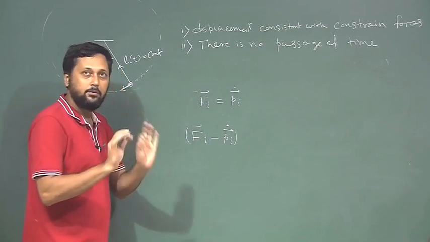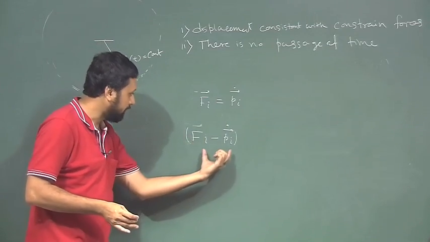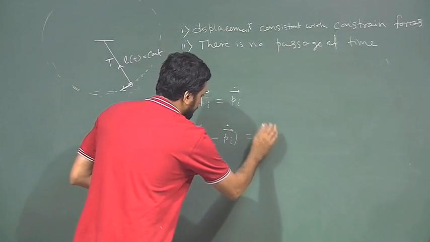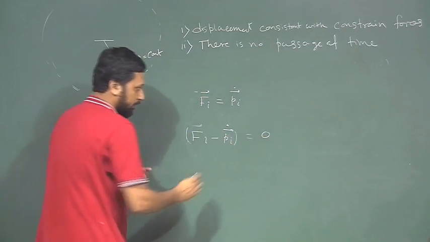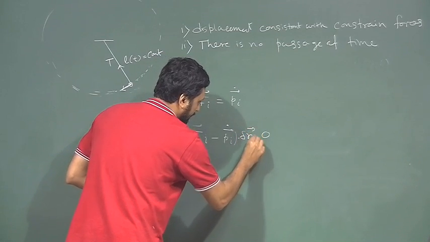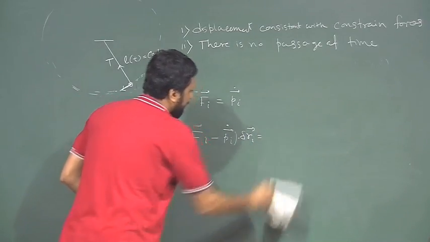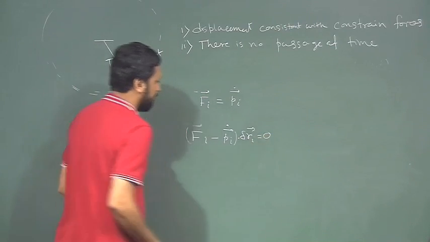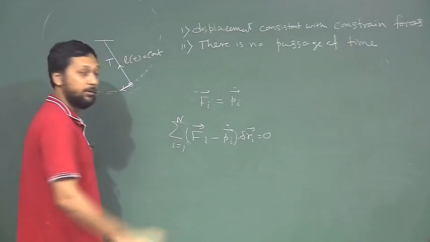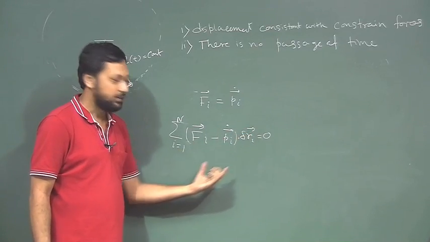This is valid for each individual particle in a system of particles, that we have seen when we discussed the system of particles. So, we can manipulate it into this form. As this is equal to 0 for each particle individually, we can multiply it with a virtual displacement delta r i, and it still remains equal to 0. Not only that, we can sum this over all the particles, from i equal to 1 to n, whatever be the number of particles, and we still get this equation, which is equal to 0.